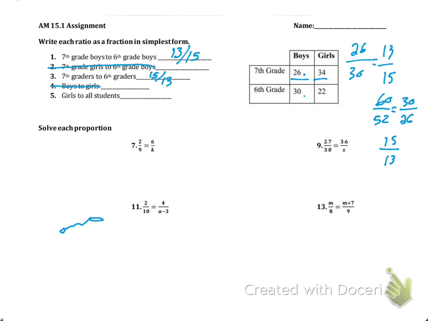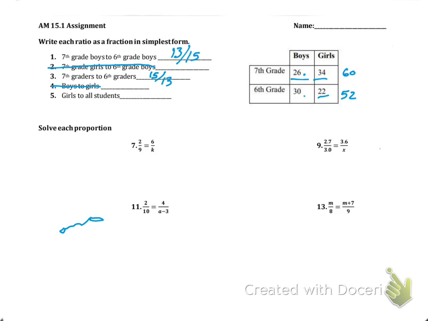Girls to all students. In the girls to all students one, first off I have to look at how many students there are. Like we said, there are 60 in 7th grade and 52 in 6th grade. Then I've got to figure out how many girls there are.